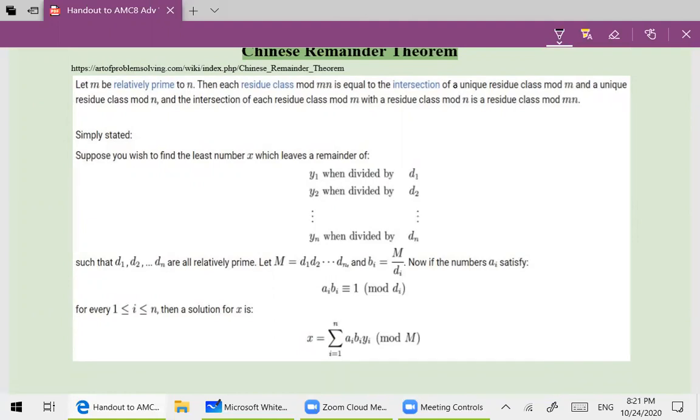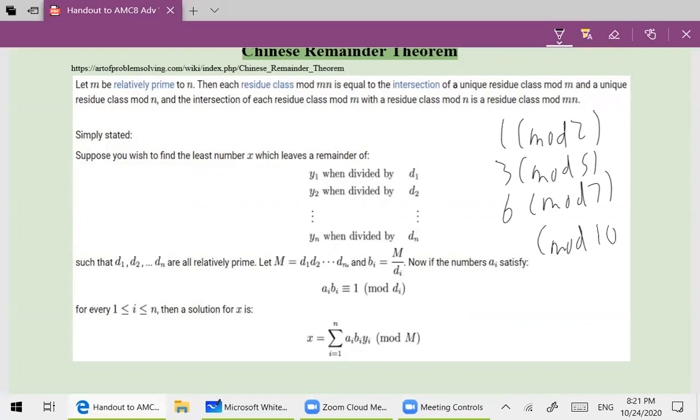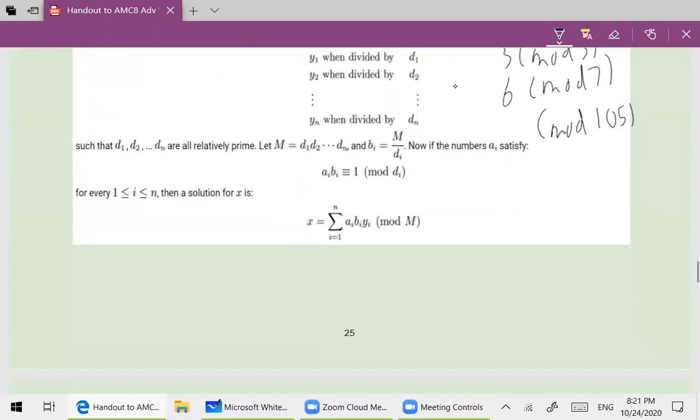Like, say, 1 mod 2, 3 mod 5, and 6 mod 7 has exactly one unique solution mod 105. And that unique solution is guaranteed to exist and be unique by CRT.